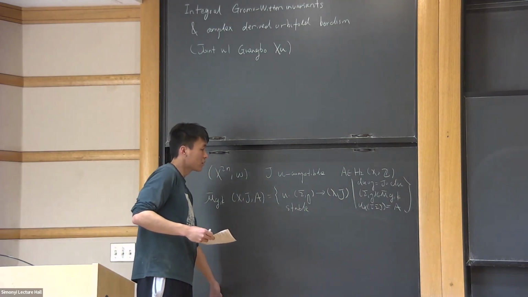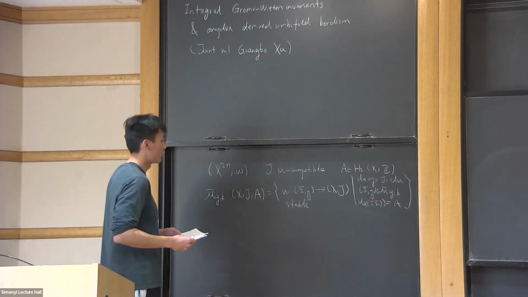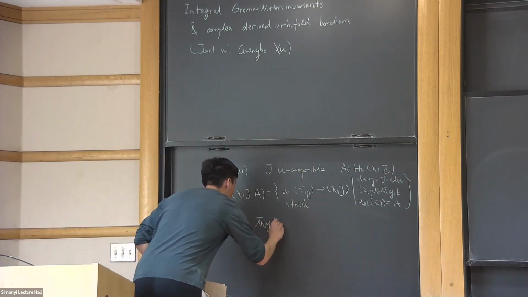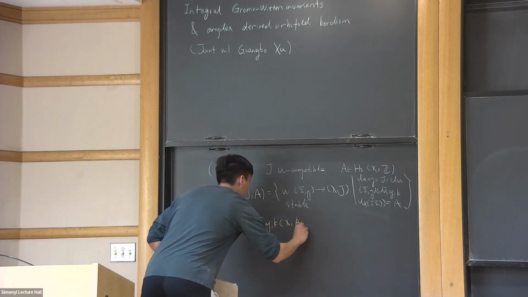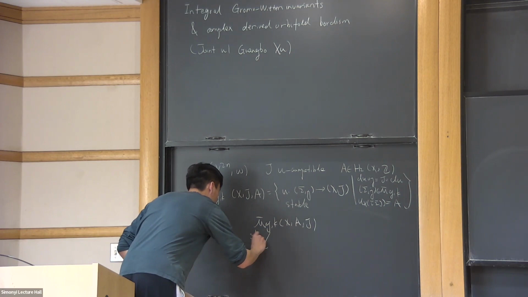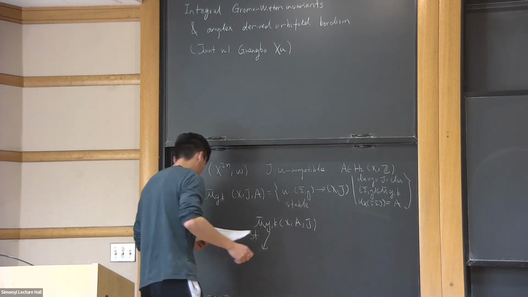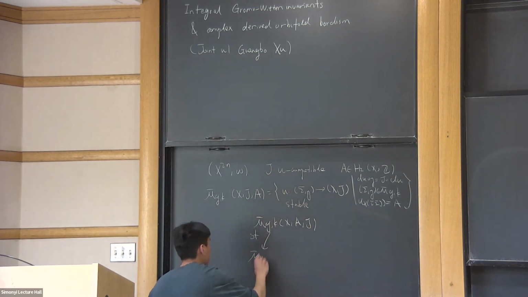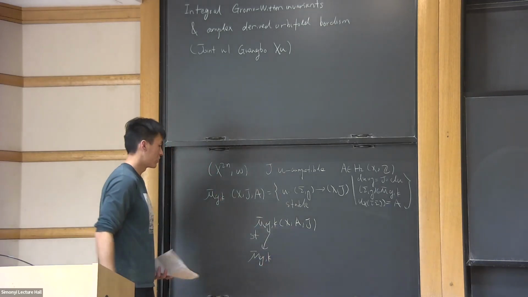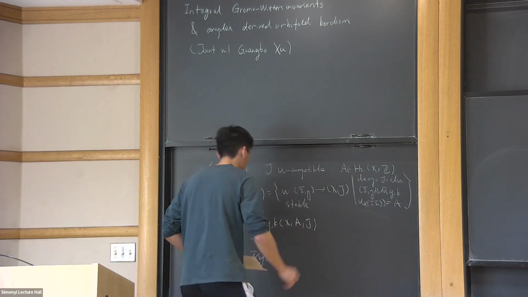Given this moduli space, we have a pair of natural maps. The first one is called the stabilization map, or you can also call it the forgetful map. It just goes from a stable map to the stable curve which underlies the given map.